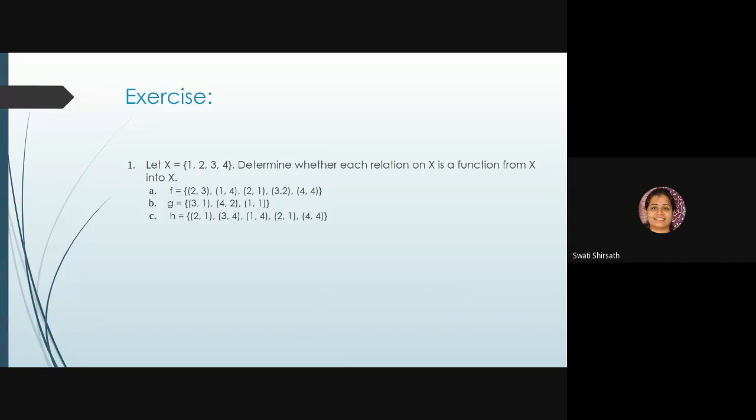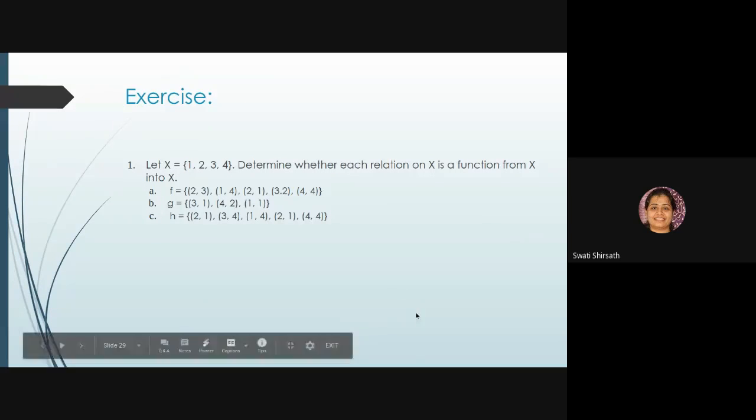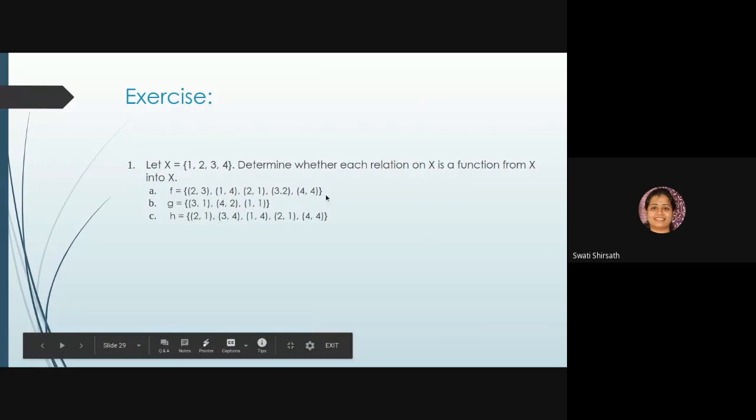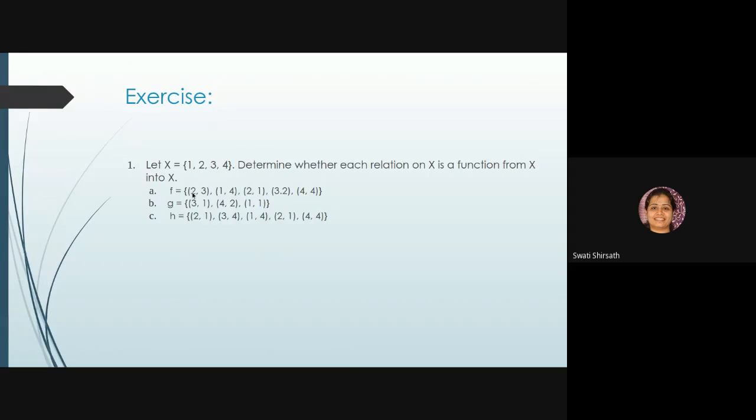So solve this example and tell me the answer. X is 1, 2, 3, 4. Determine whether each relation on X is a function from X into X. So there are two ways. You can just go through this and check that the first element is from the domain and the second element is from the codomain.